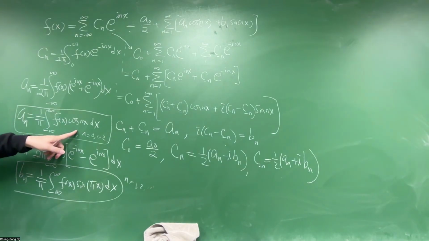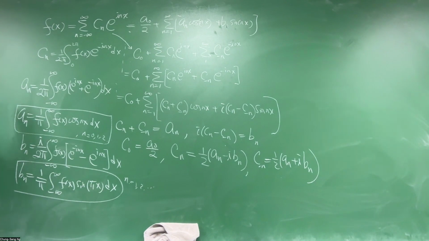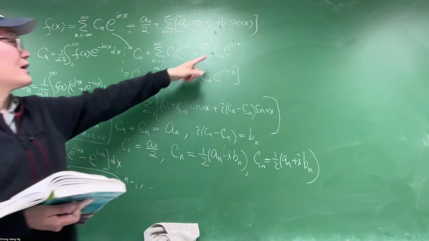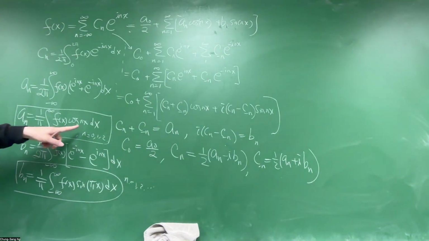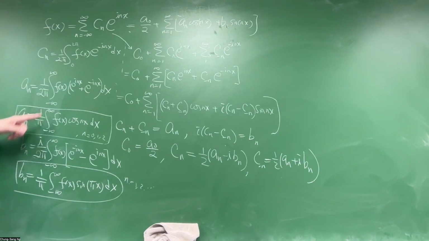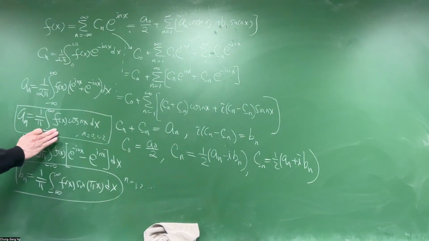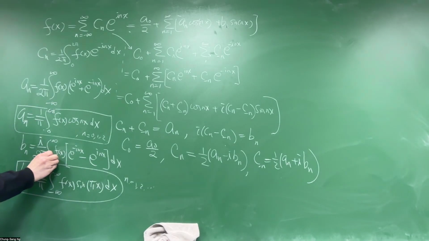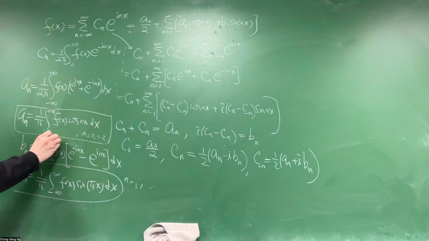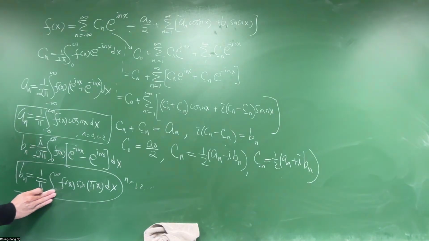You can convince yourself using the trigonometric product rule of cosine and cosine. And likewise, for sine and cosine products integrated over, I got it all wrong, this is not minus pi to pi, it's 0 to 2 pi, sorry. Sometimes it's just writing too fast. 0 to 2 pi.